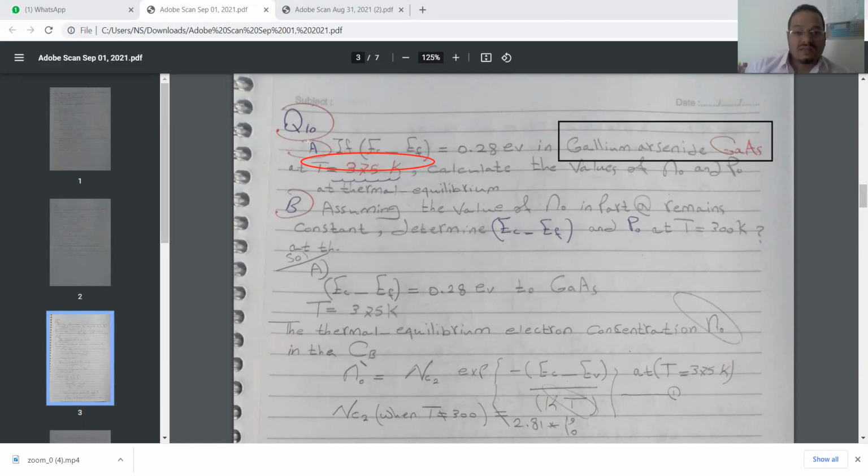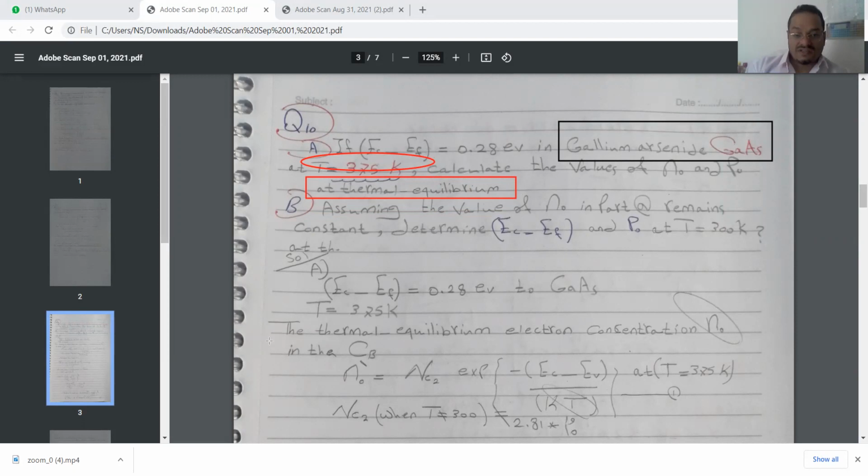When we say thermal equilibrium, that means we will depend on other equations, not directly on the simple mass action law, p naught equals n i squared. No, we will depend on another, more complicated equation. Without these equations, we can't solve questions like that, at thermal equilibrium.